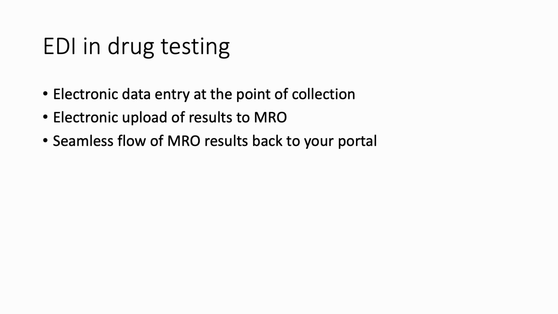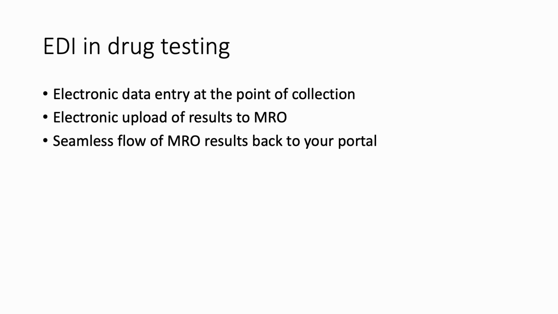So in drug testing, the information obtained on the chain of custody form is entered into an electronic chain of custody form manually one time. This links the donor, the chain of custody, and the lab results all together. This can either be done at a lab or at the collection site if it's done at your office.